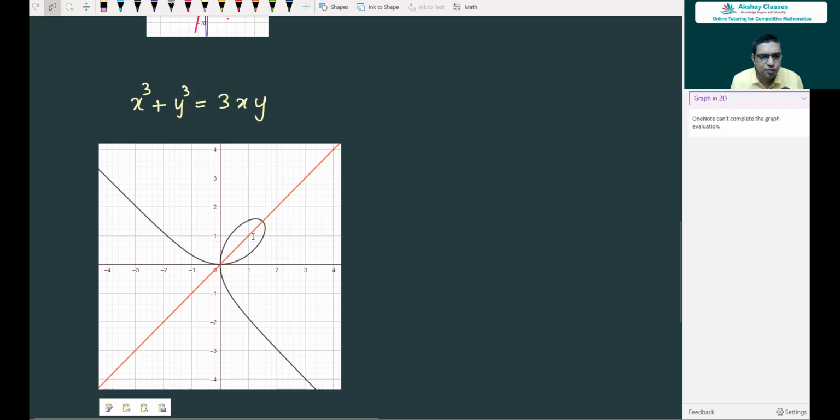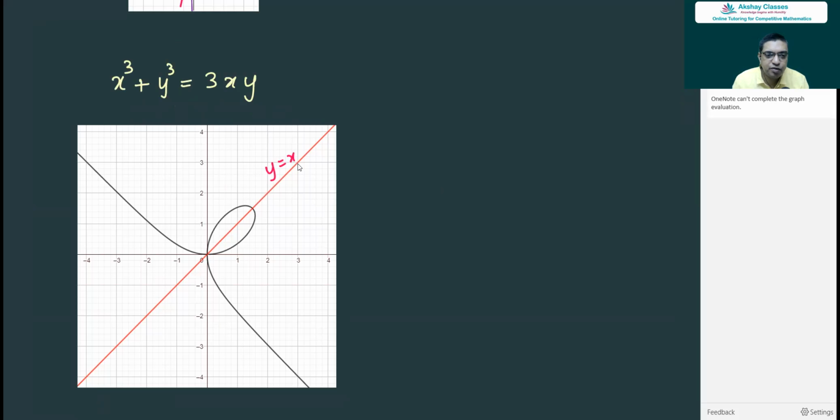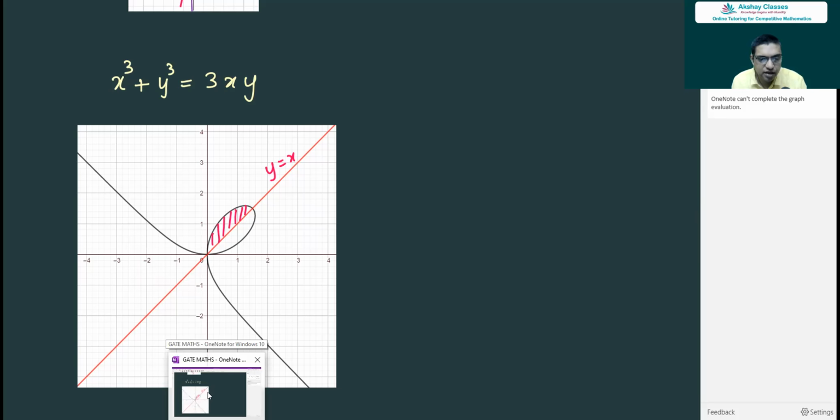For that, if the curve is given, this knowledge of the symmetry about the line y equal to x will very much help, because if we can find the area bounded here and multiply it by 2, we will find the total area. So that is why these things are important. That is symmetry about the line y equal to x.